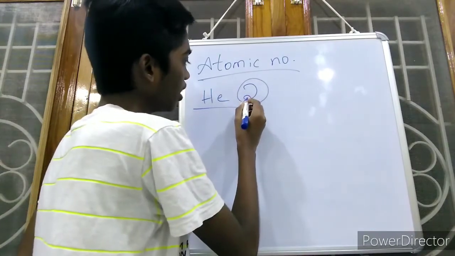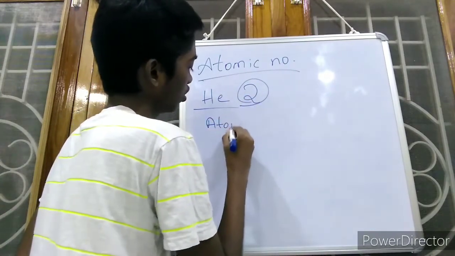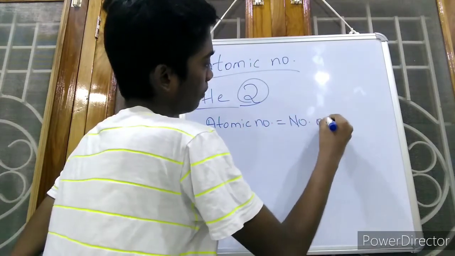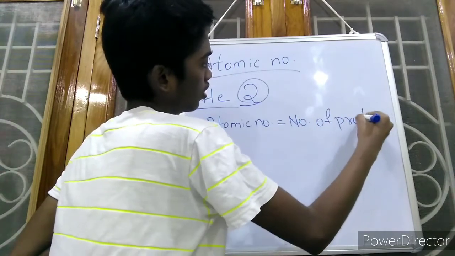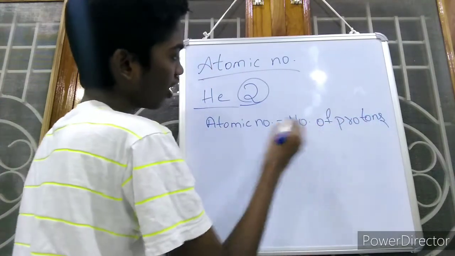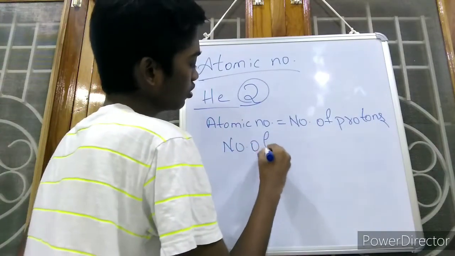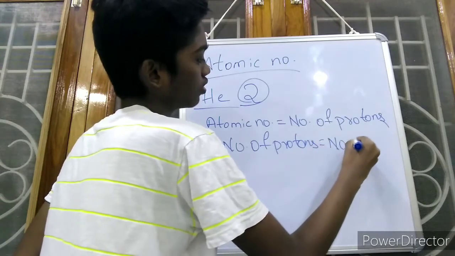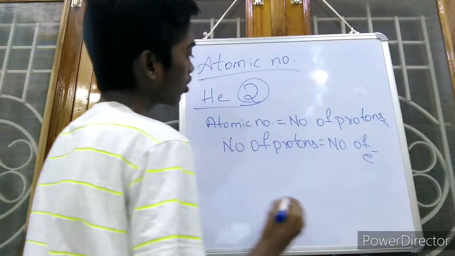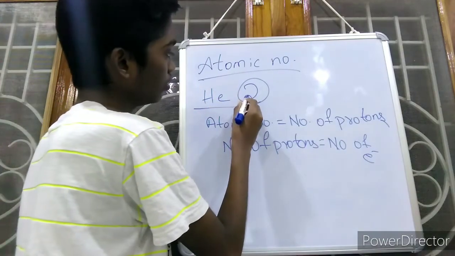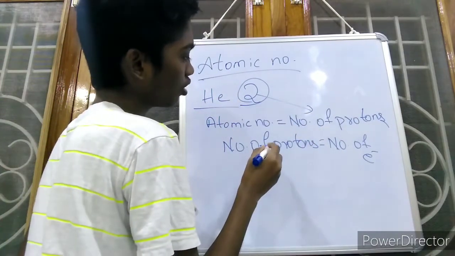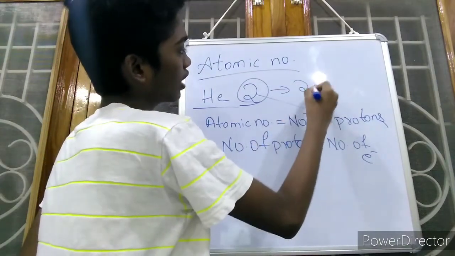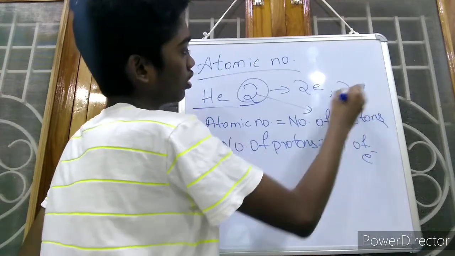So the atomic number is equal to the number of protons, and the number of protons is equal to the number of electrons. As helium's atomic number is 2, it contains 2 protons, and as the number of protons is equal to the number of electrons, it also contains 2 electrons.